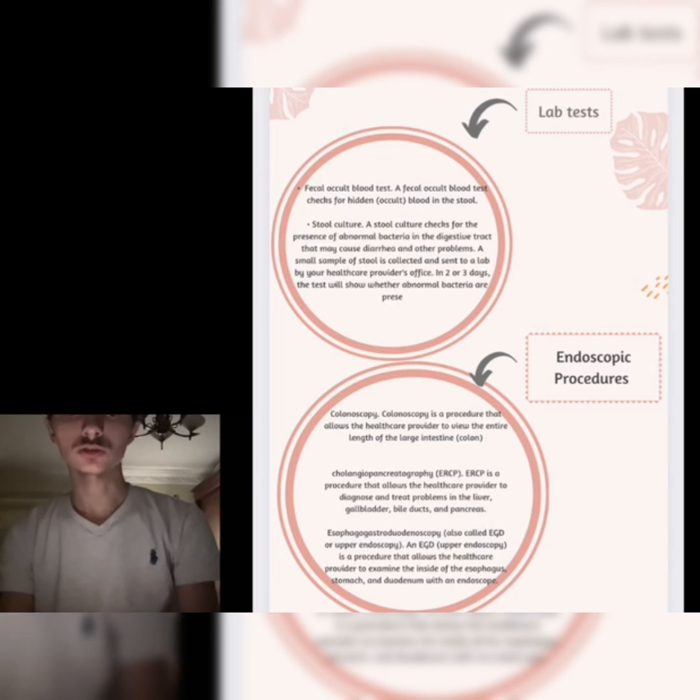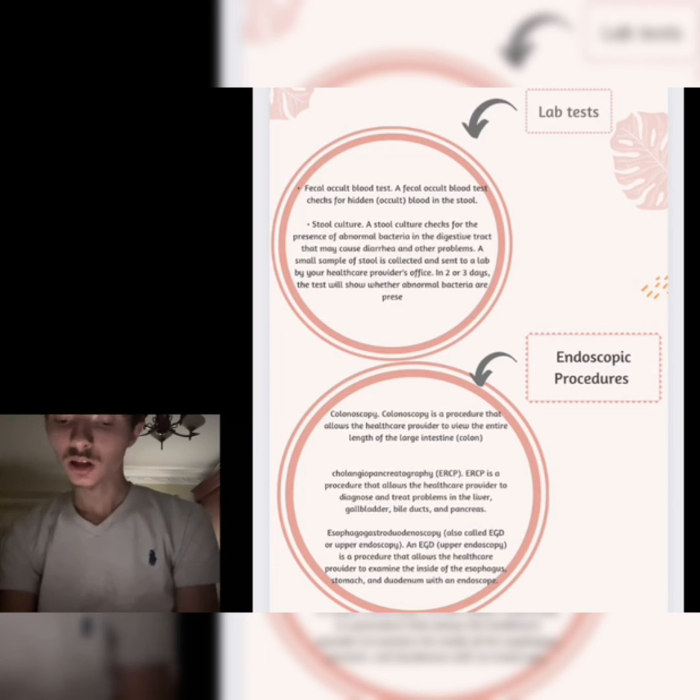Endoscopic procedures. We have colonoscopy. Colonoscopy is a procedure that allows the healthcare provider to view the entire length of the large intestine. Then we have another one called ERCP.